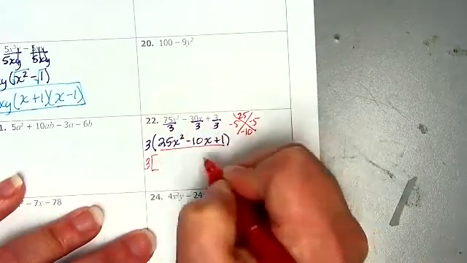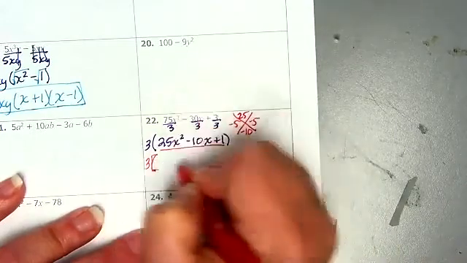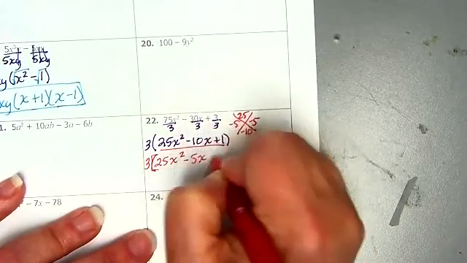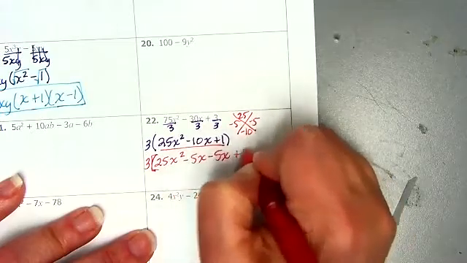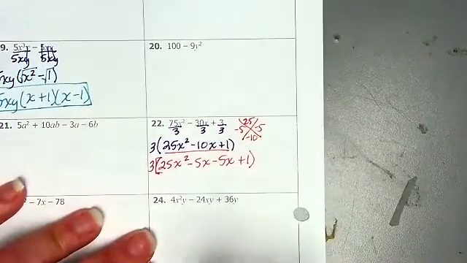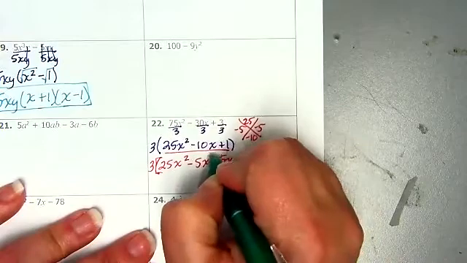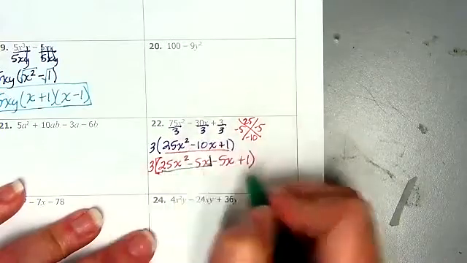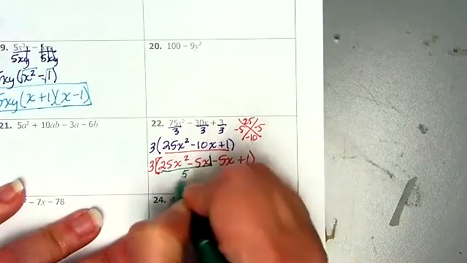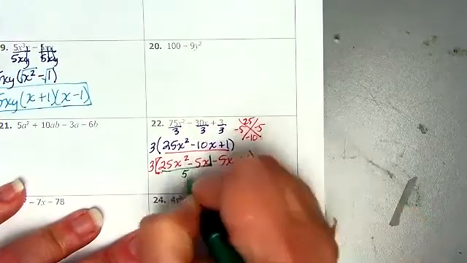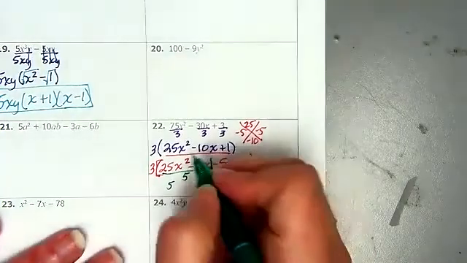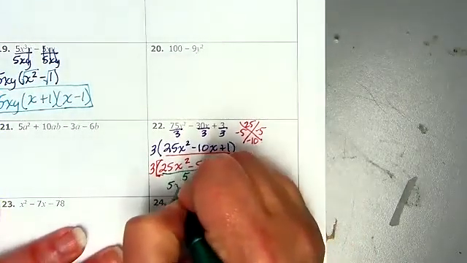So I'm going to have 3, open bracket or parentheses, whichever one you want to do, and I'm going to have 25x squared minus 5x minus 5x plus 1, close parentheses. And now I have to factor this trinomial that's in the middle. So I have to do the first half. So my GCF is 5. X is my GCF.